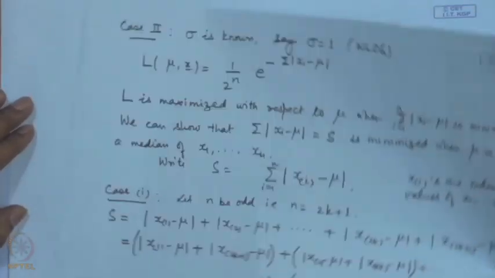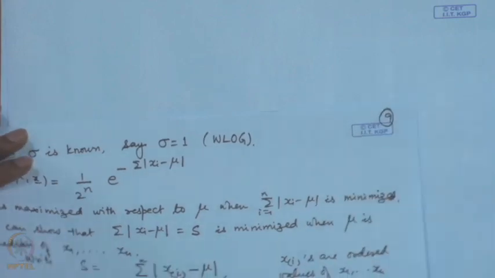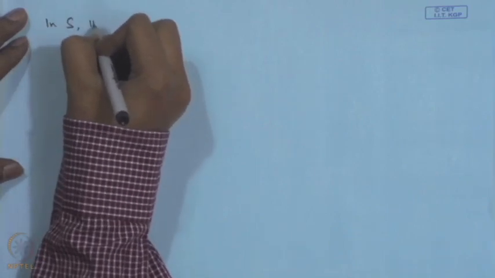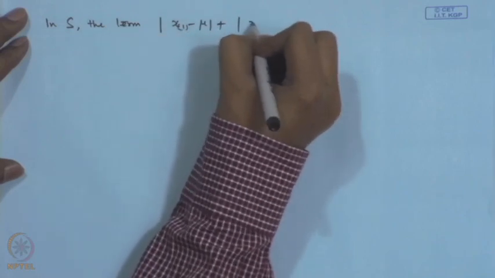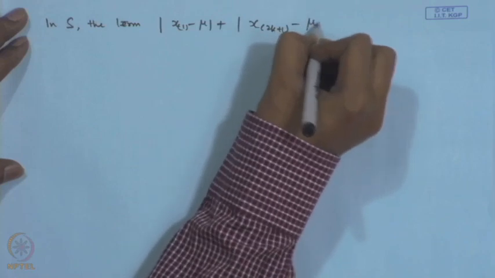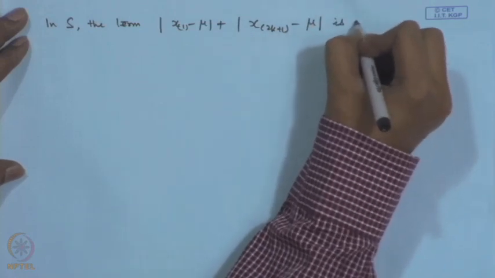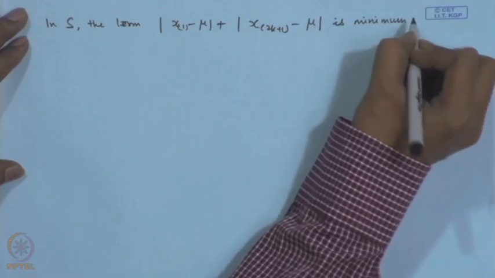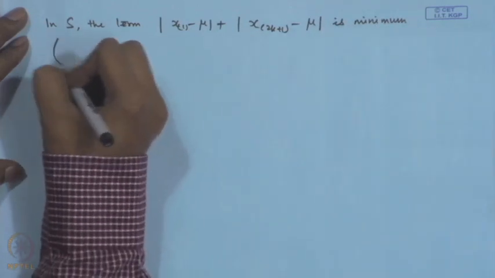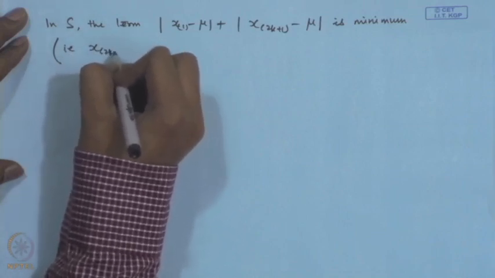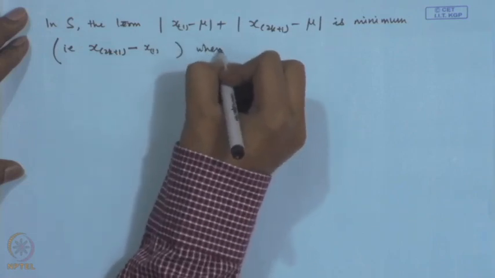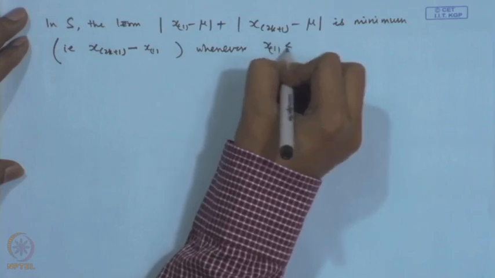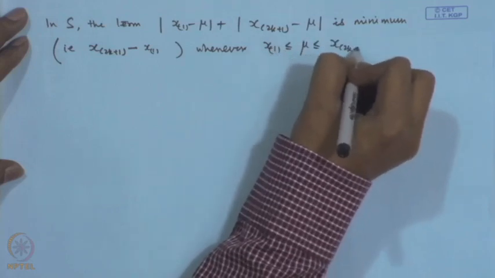So, let us write the complete argument here. In S, the term x_1 minus mu plus x_2k+1 minus mu is minimum, that is the value will be x_2k+1 minus x_1, whenever I choose mu to be a number between x_1 and x_2k+1.